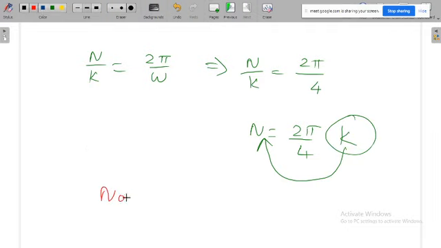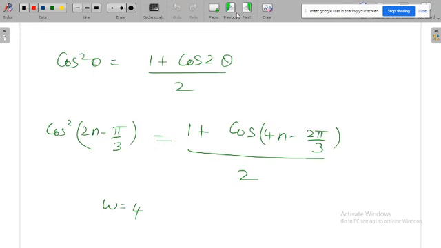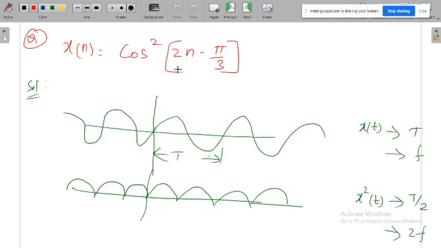Not periodic. You already know from experience that when the signal does not have pi along with the time index n, definitely the signal is not periodic. So that's why this signal is also not periodic.